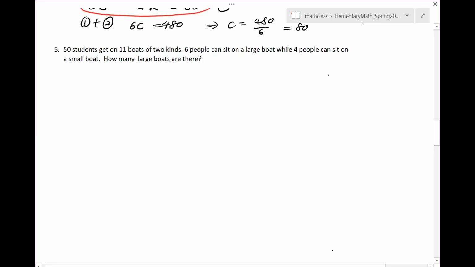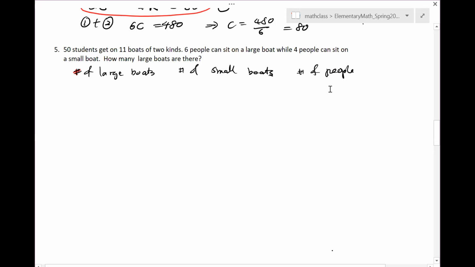All right. So very similar, right? Let's use the number of larger boats, here's the number of small boats, and here's the number of people.